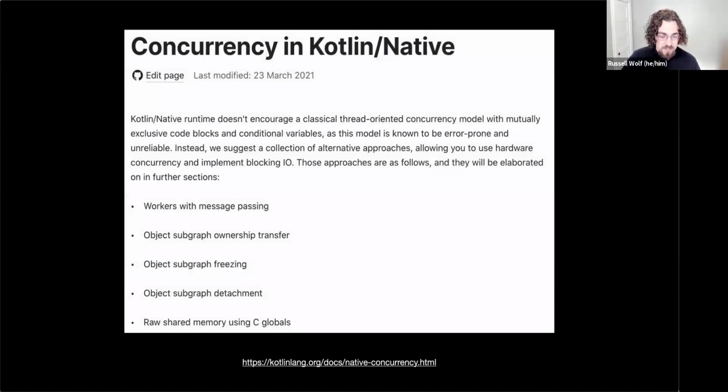Okay, so next up, concurrency can be its own talk, and it has been. Kevin's done a couple good ones, but a few quick words on it. Kotlin Native has a fairly restrictive memory model that forces state that crosses threads to be immutable.